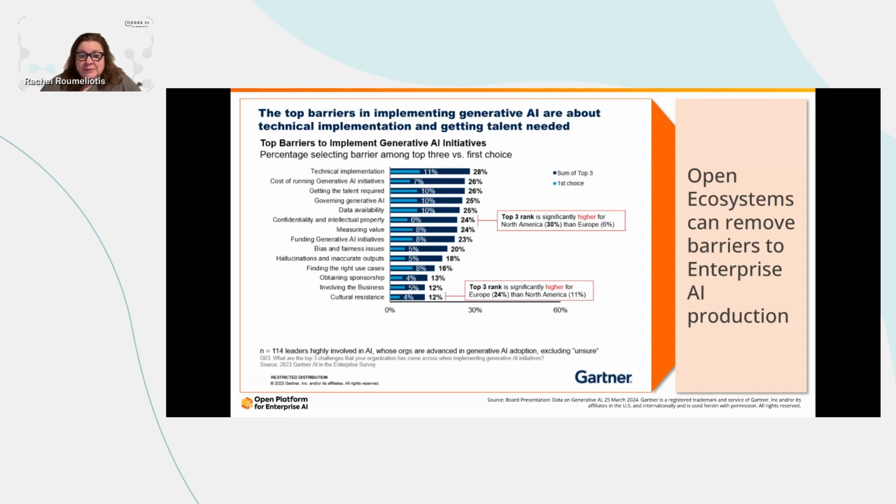There has been a dearth of talent in the AI space because it has been changing so rapidly. It has grown so rapidly. So that's another thing that enterprises are looking at. Then, let's say you do have your data all set, you have data governance in place. Then you need to think about AI governance, right? So that's a whole other thing that you need to be thinking about.